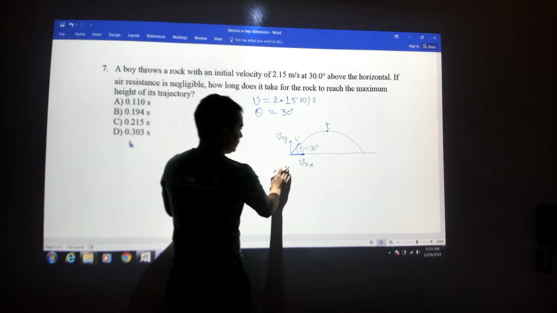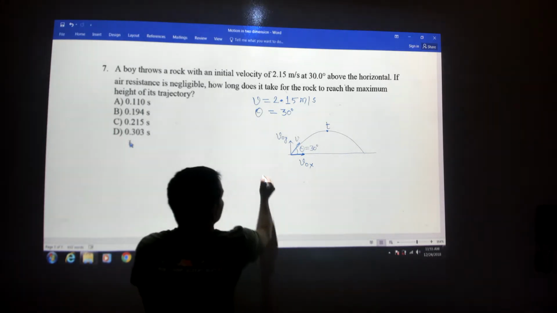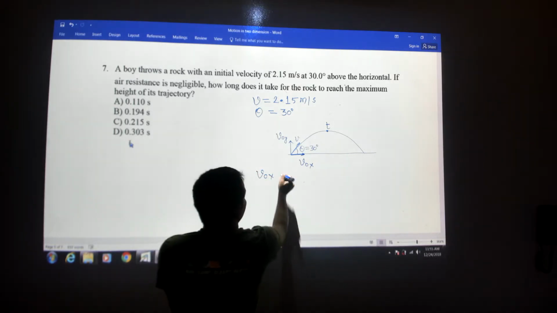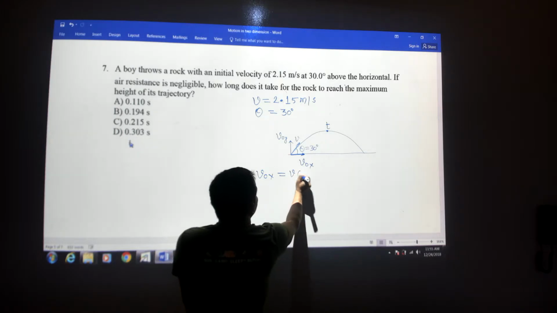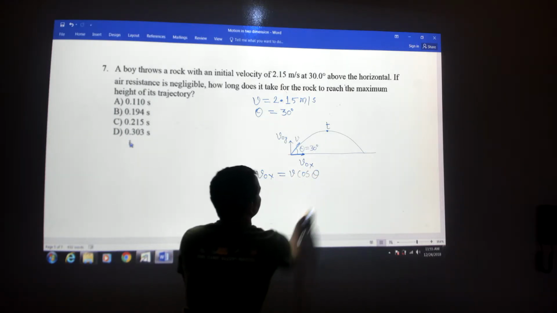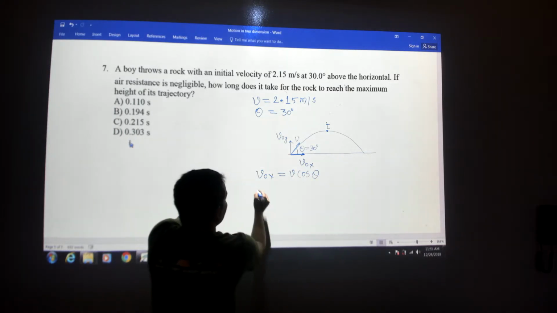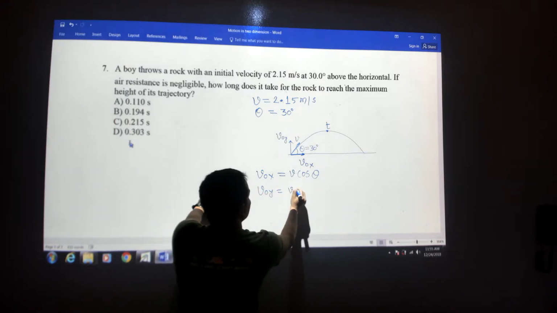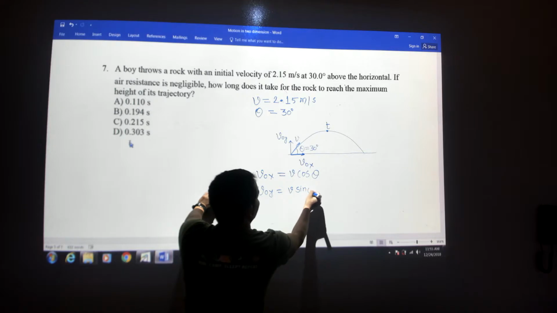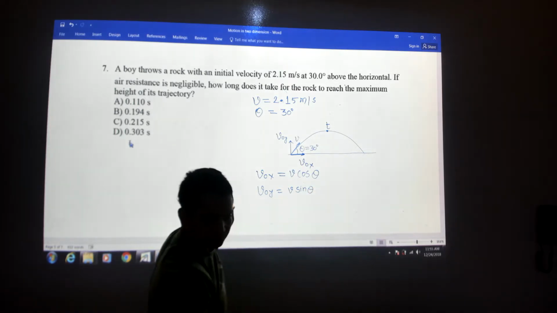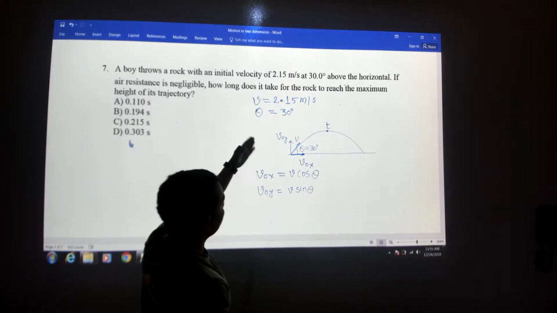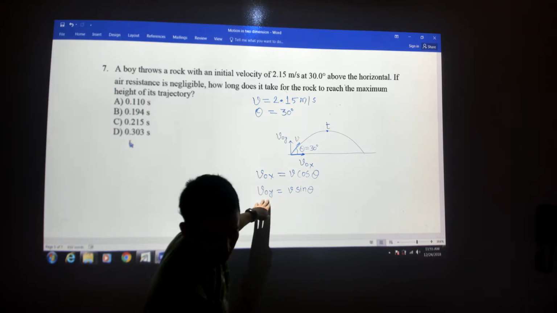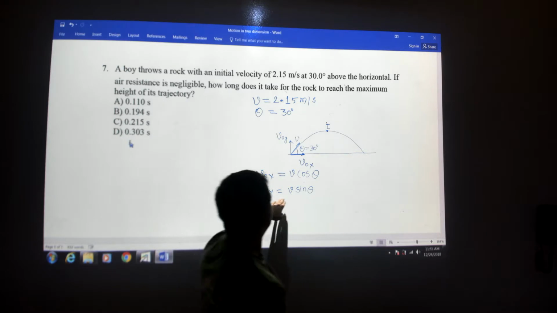The x component Vox is equal to v cosine theta, and the y component Voy is v sine theta. Alright, so in order to find the time, we are going to use only the y component.